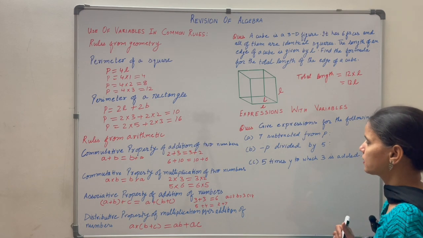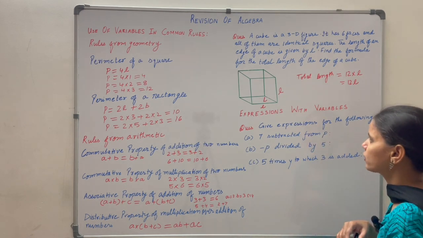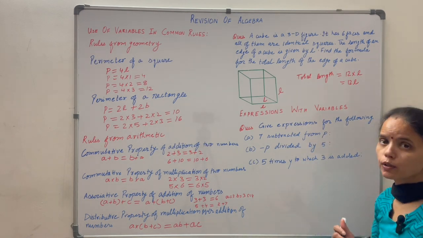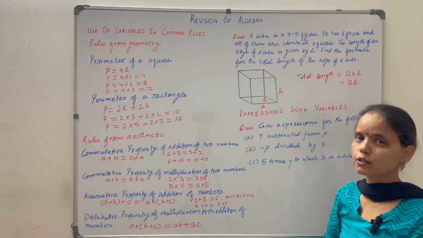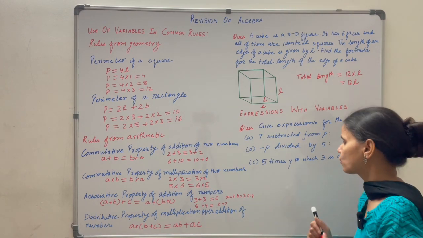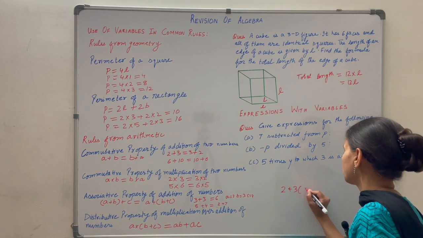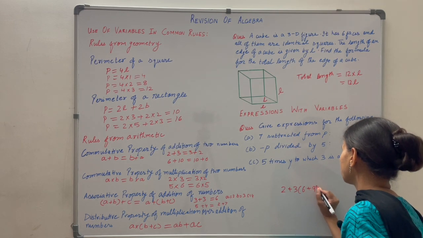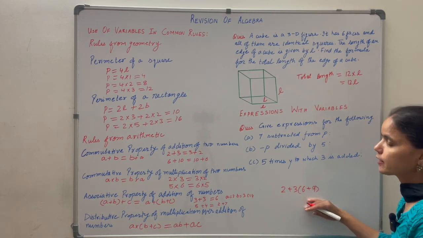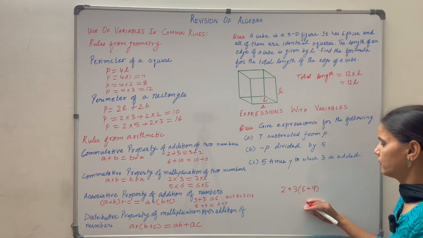Expressions with variables. Before we discuss expressions with variables, let us quickly recall what are expressions with numbers. If I give you, for example, 2 plus 3 into 6 plus 9, this is an expression with numbers only.